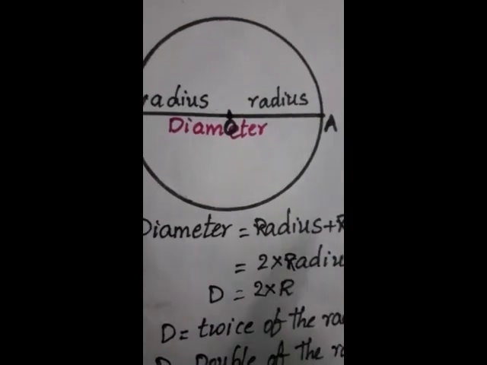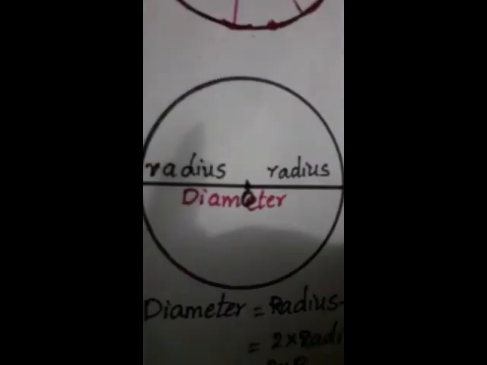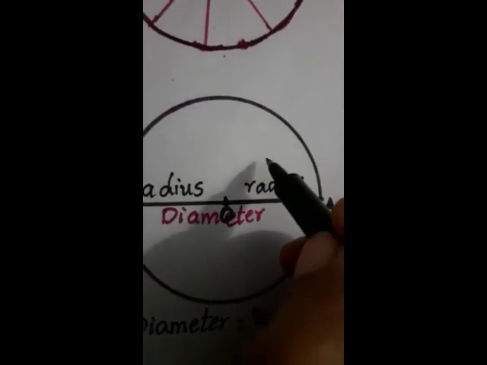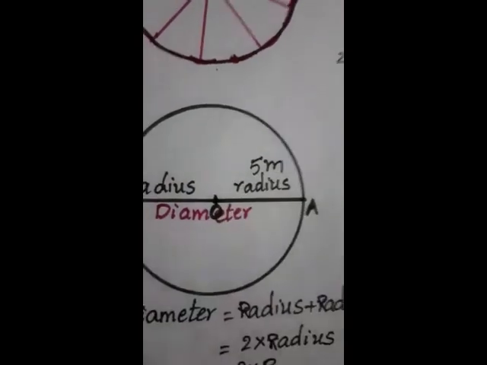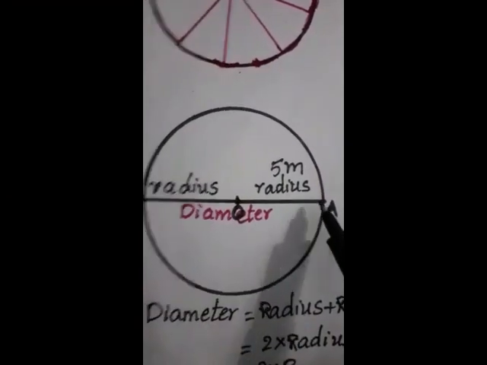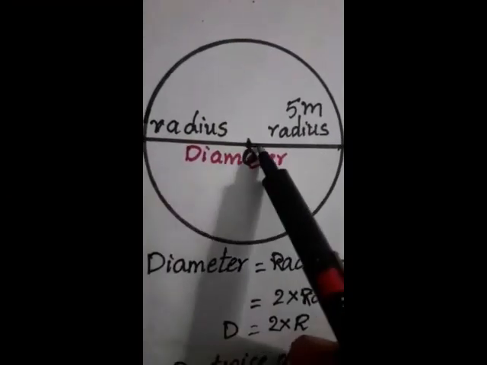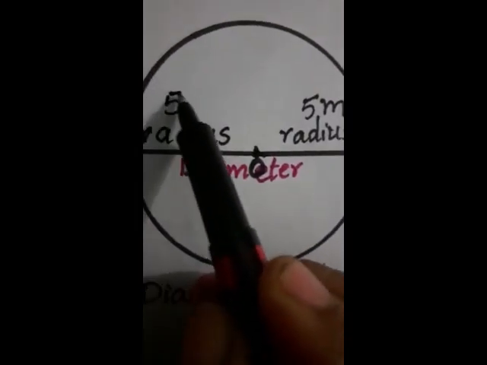Otherwise you can do it here. Radius, how much is given in this sum? 5 meters. So write here 5 meters. Radius is 5 meters from here to here, and from here to here also 5 meters, or not? So I am writing 5 meters here also.